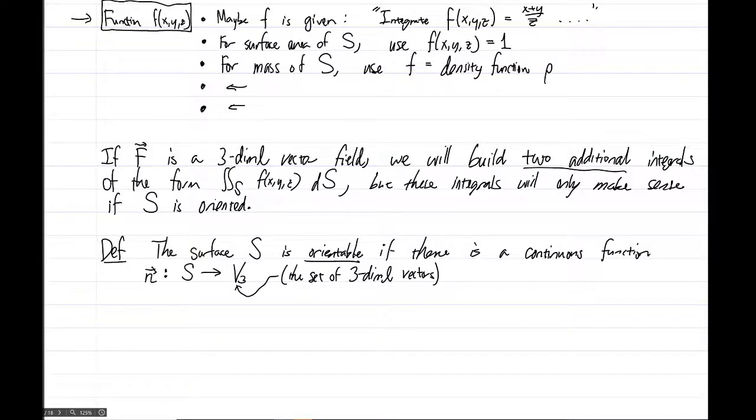Okay, so you need a function where each input is a point on the surface, and each time you have a point on the surface, the output is a three-dimensional vector.